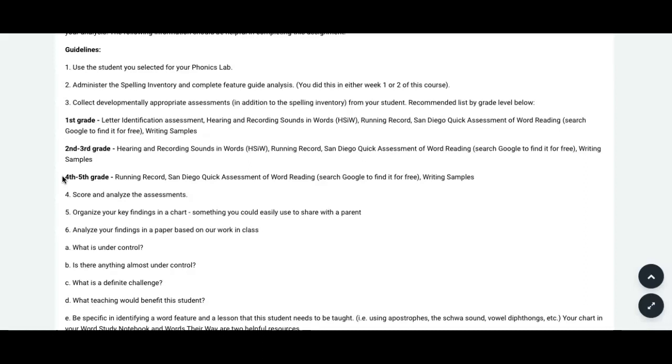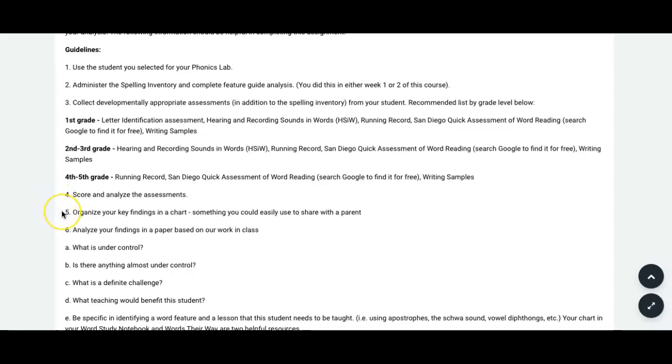Now, starting back in week 2, 3, 4, 5, and 6, we were administering all of these assessments and scoring them. So that scoring part is done. You've analyzed that data because you created that phonics word study lesson plan in week 7.